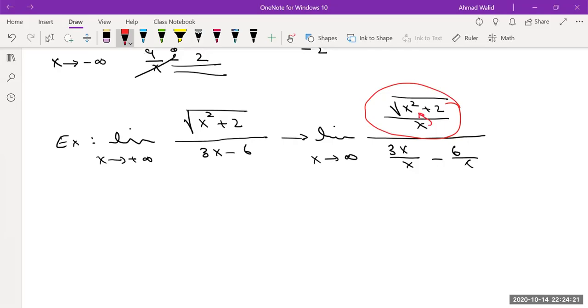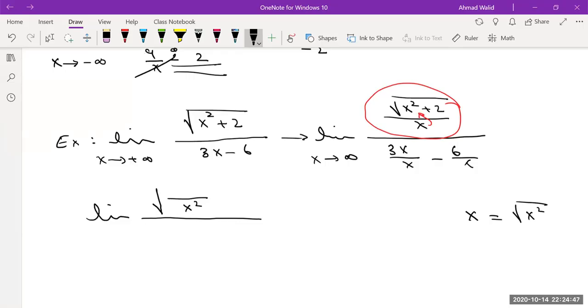What should you do? Again, unfortunately, it's not a face-to-face class. We cannot discuss a lot. I will explain everything here again to you. What you do, look, you put the x under the square root, but you make it x squared, because x is actually equal to the square root of x squared.